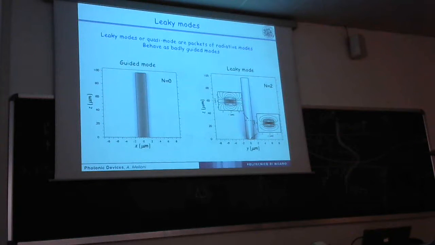But you see, it's 100 microns to disappear. So if you put all your devices close to each other, you can have an interaction due to this mode that is not guided. So we like to use this term leaky mode to say a mode that is not very well guided, but they go around. We will see a simulation of this.